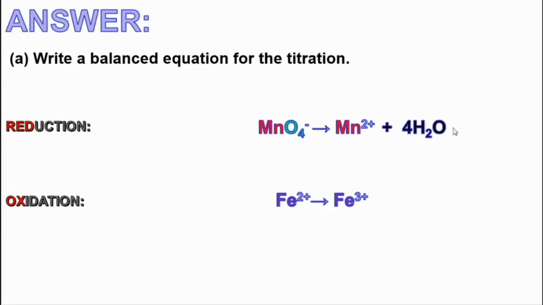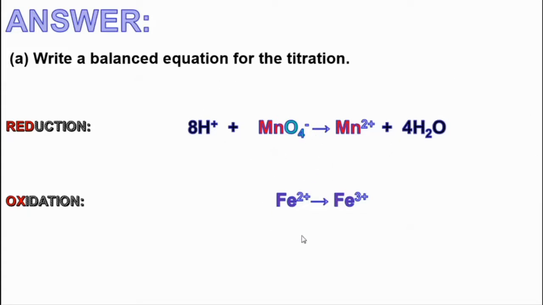Once we have added 4 moles of water, we have increased the moles of hydrogen from 0 to 8 moles of hydrogen. So we need to balance these 8 moles of hydrogen atoms by adding 8 moles of hydrogen ion on the left side. In terms of atoms, we are done for the first half equation.